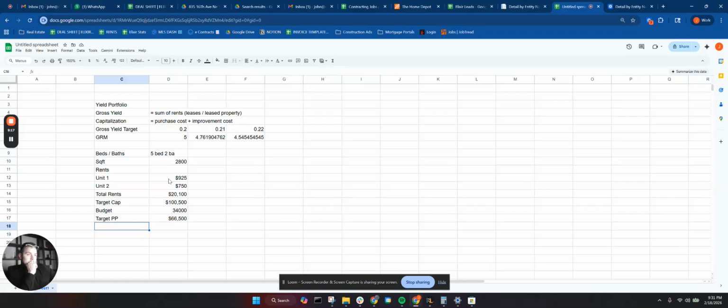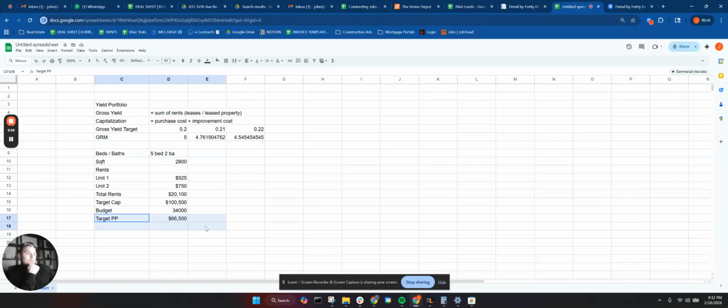So this is the number that we'd want to be at if we wanted to make this work within these numbers. And I think what's interesting and something that you can extrapolate from here is, okay, this is looking at this deal from a yield standpoint, but it's hard to ignore, and this is where it takes some experience to really get to understand the asset class and the type of real estate that generates these kind of returns.